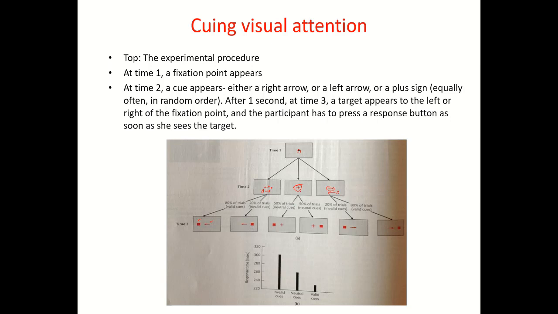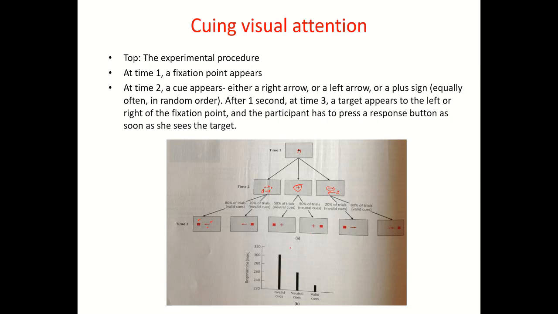Now if it is neutral, reaction time will be slower than the valid cue condition. And in the case of invalid cues, the reaction time will be longer because you are expecting it to appear on one side, but it appeared on the other side.